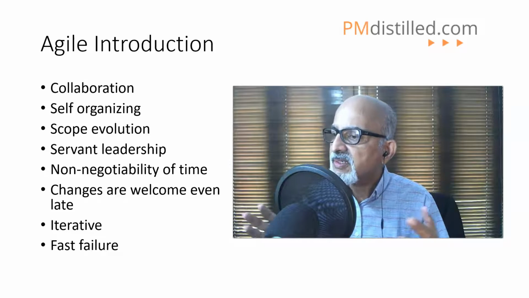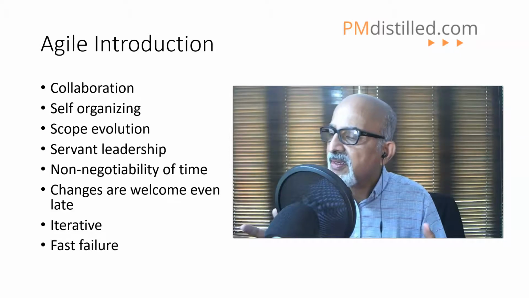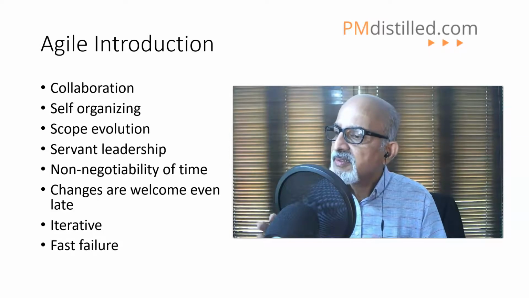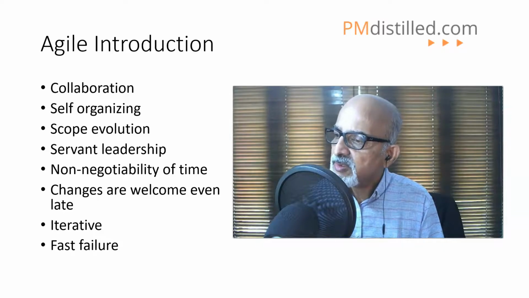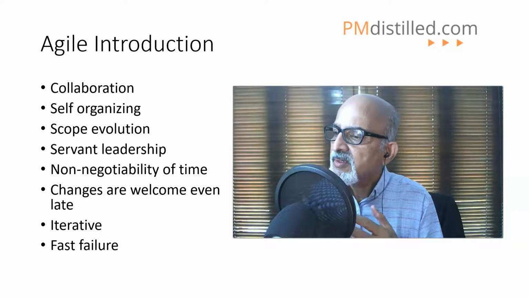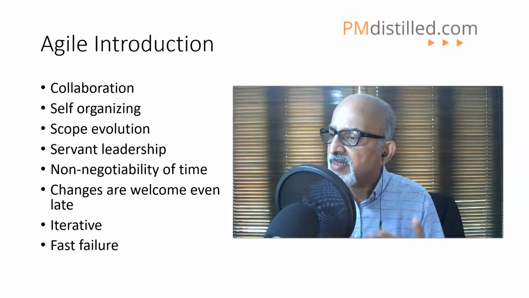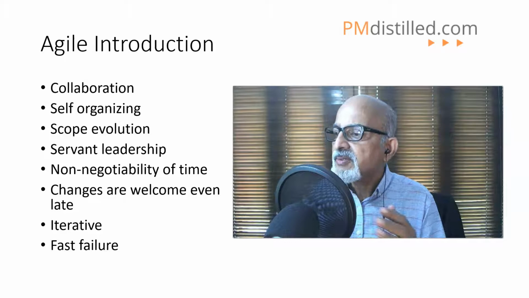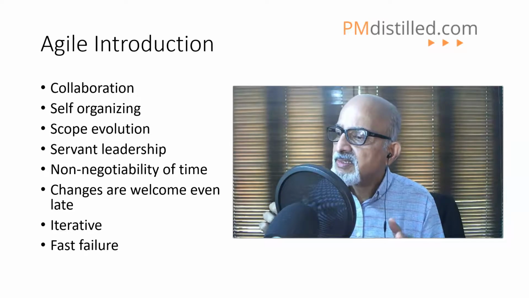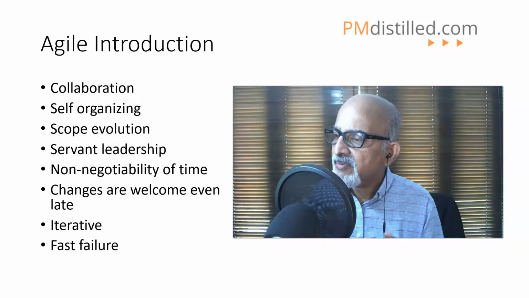Otherwise, we'll be discussing a lot of things, and you may not have clarity. Since Scrum is the most popular framework, most of the terminologies I'll be using to explain Agile to you will be from Scrum. So if you take Scrum, it has just 3 roles. We have the product owner, we have the Scrum Master, and we have the development team.